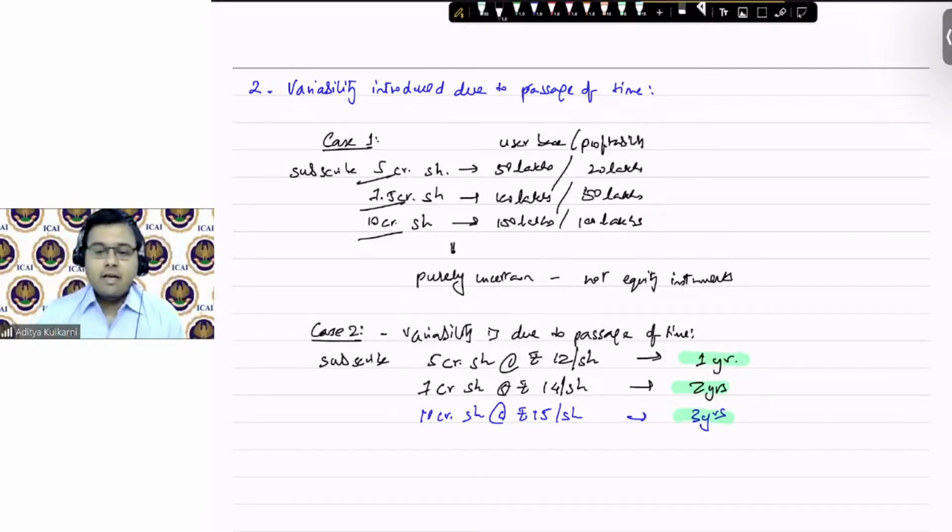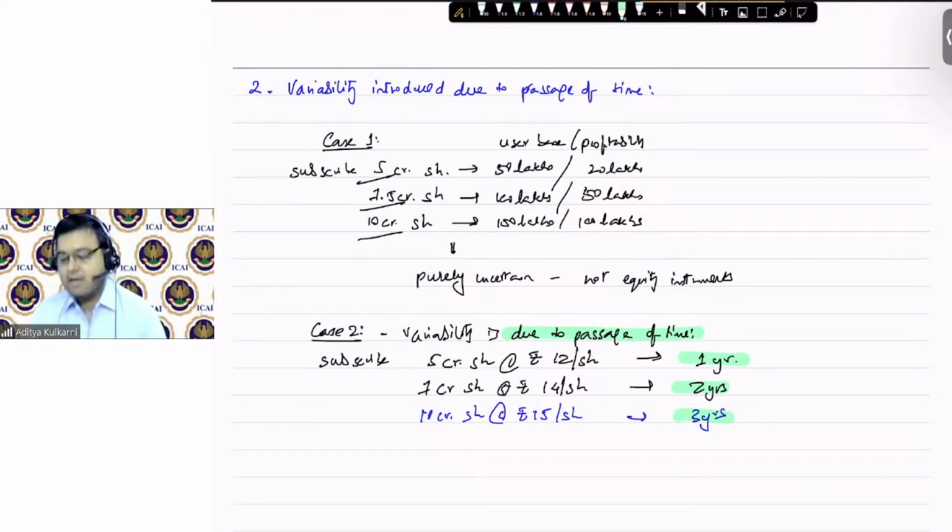Now tell me one thing, passage of time, is it certain or is it uncertain? I am given an option to acquire 5 crore shares after 1 year, after 2 years 7, after 3 years 10 crore. So what I want you to tell me is, passage of time, is it definitely going to happen or is it not going to happen?